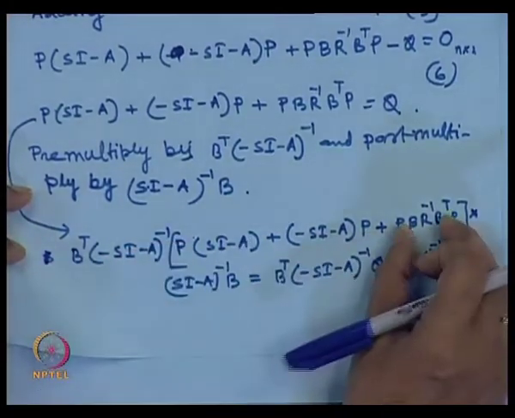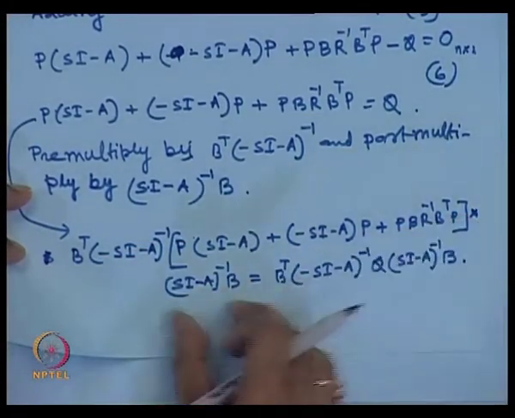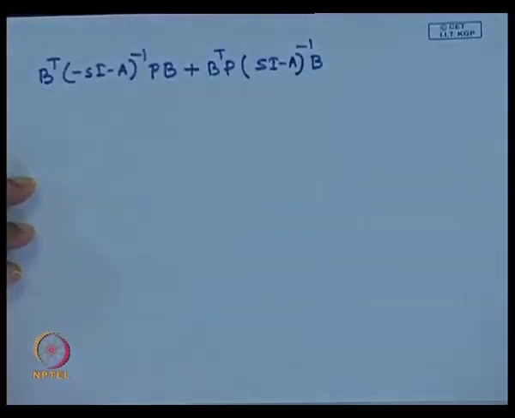Then this multiplied by this one and post-multiplied by this one. So, this we have to write as it is, what we got.